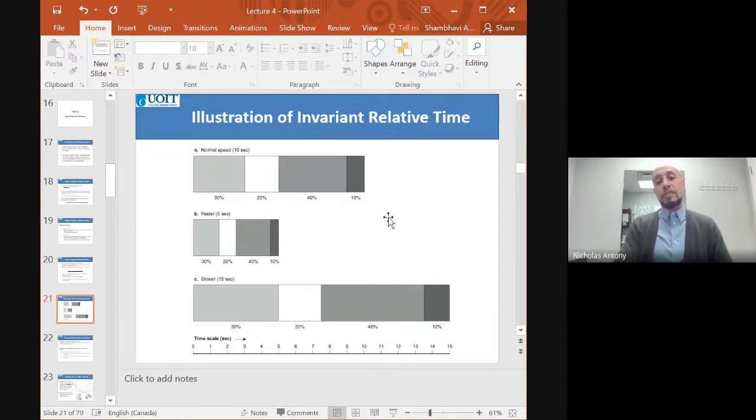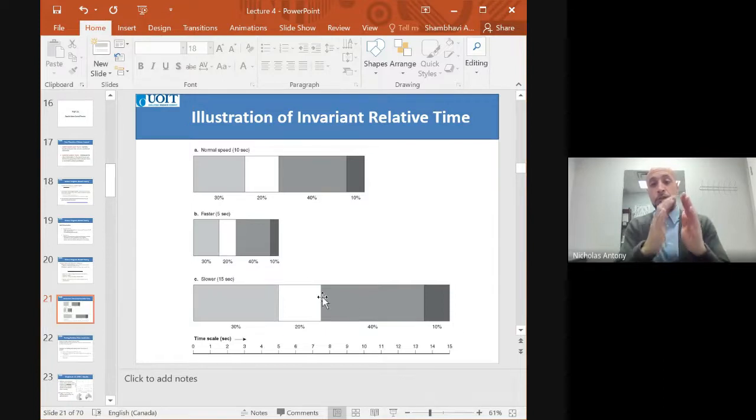Think about this example here. Think about this as like a TikTok dance. So it has different dance moves. You could do it slower or faster. But see how the dance moves, the percentages of the time spent in each of the different moves, is the same.